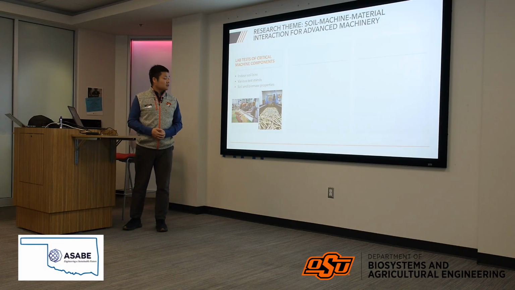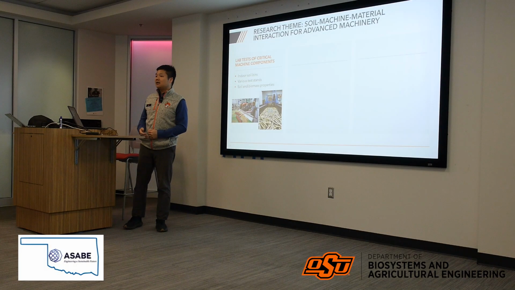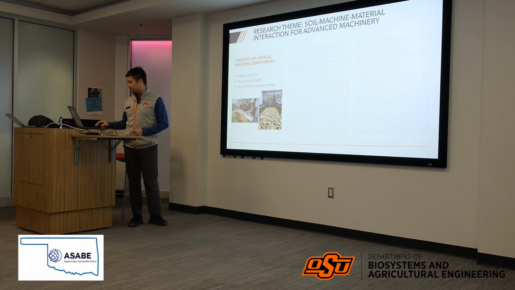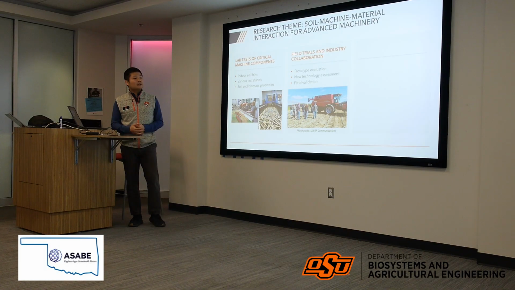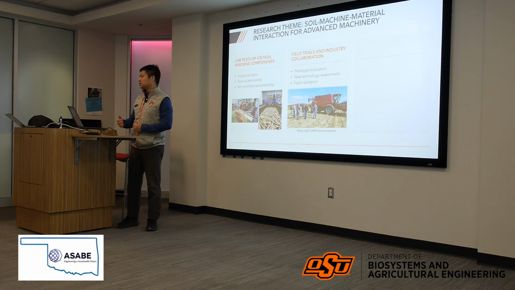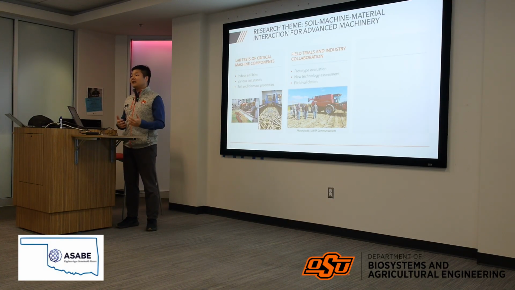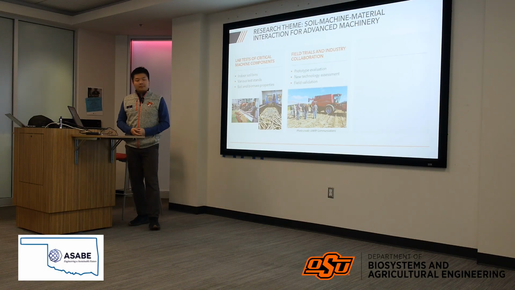Throughout the years, my students and I developed different test stands for looking into different interactions of machinery components and biomaterials. Field trials are used for validating or verifying the performance at the field scale, and we also engage with industry partners for prototype evaluation.